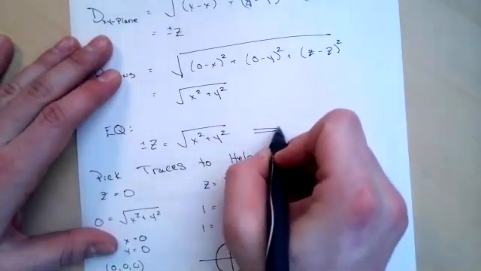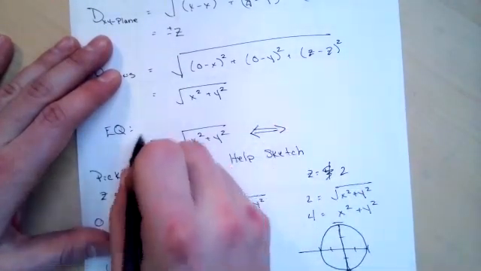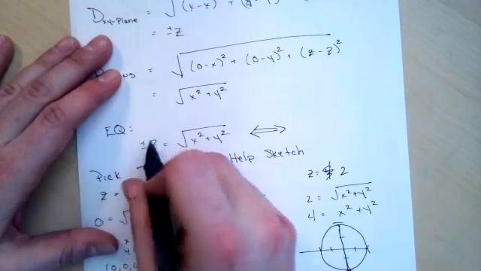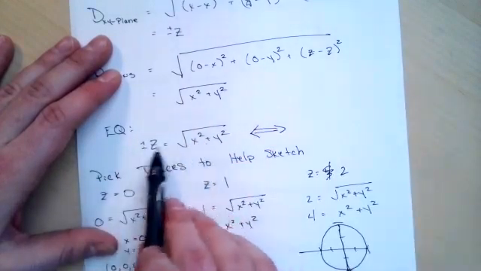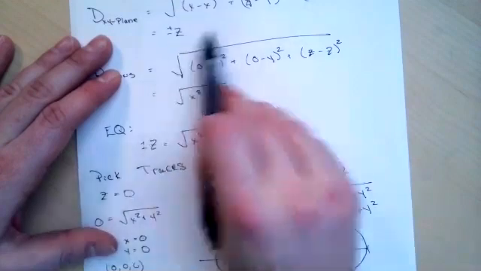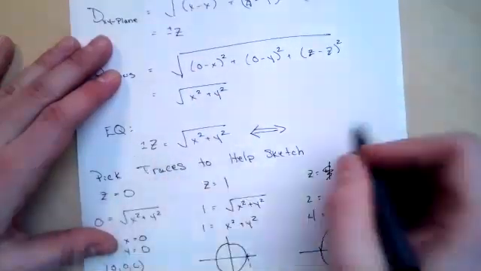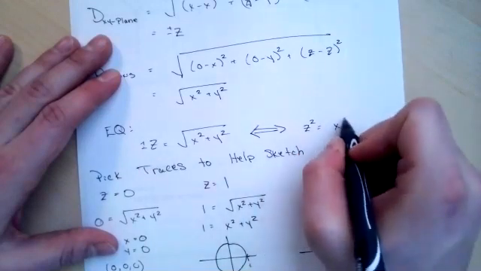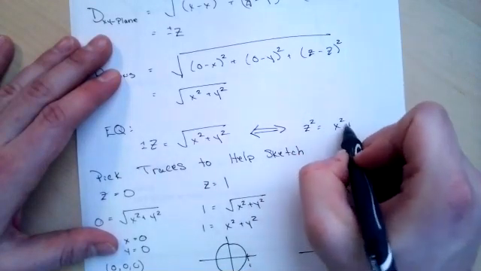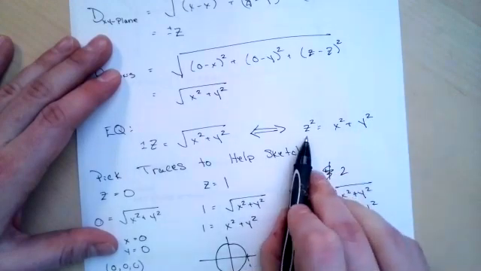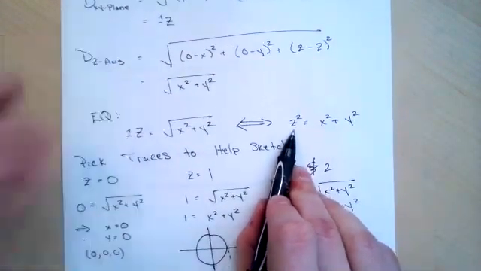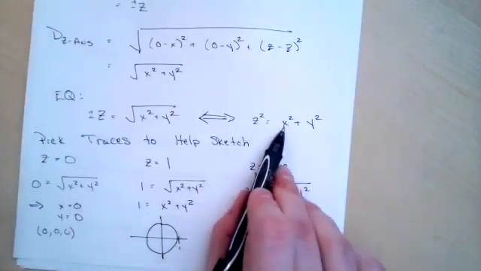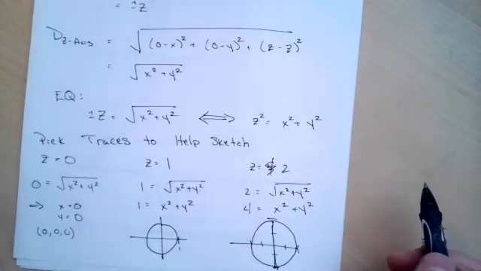Another way of writing this equation, if we just want to square both sides now, so this is saying that z can be positive or negative. As I had it, I only had the positive version of it. I forgot that extra minus sign. And so if we square both sides, that will account for z being allowed to be both positive or negative. So another equation that we really like with this is z squared is x squared plus y squared.